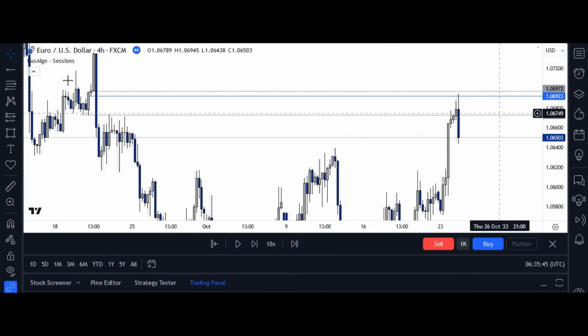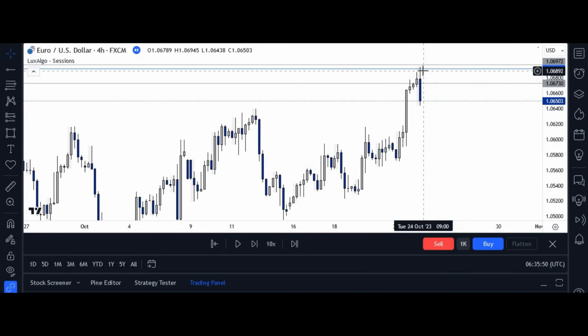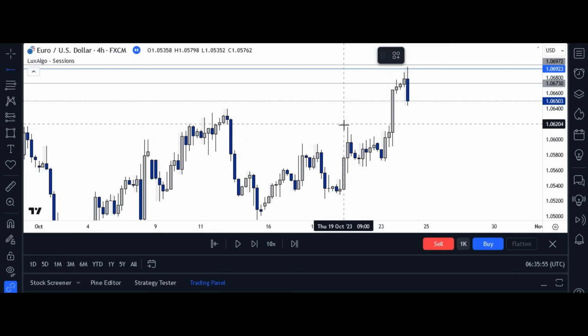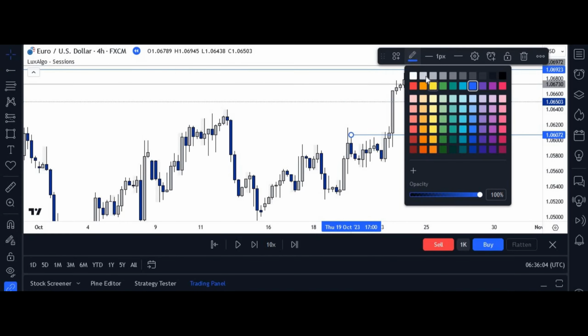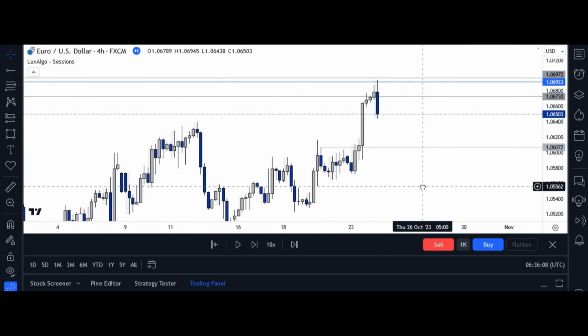So you could potentially mark that out. And we see that we already tapped into that essentially. Then we could mark out this other block here as potential.